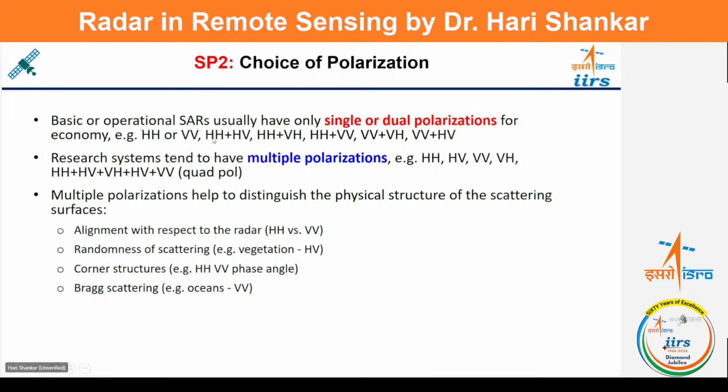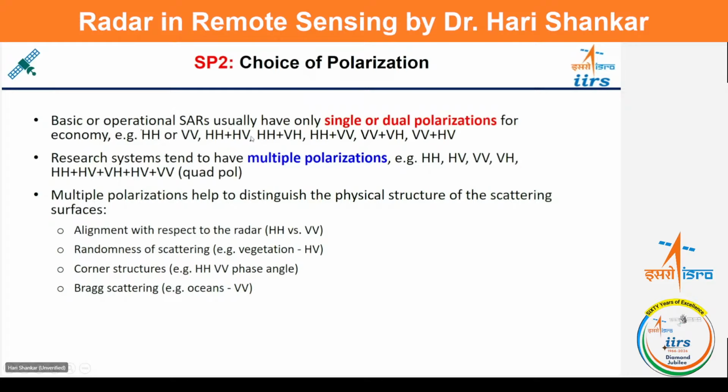But if data is of this form, with a combination of two at a time, like HH and HV, meaning two channels are there, this is one, this is another one, then this type of data set is called a dual polarization channel or dual polarized data set. It may be HH and HV, HH and VH, or HH and VV.